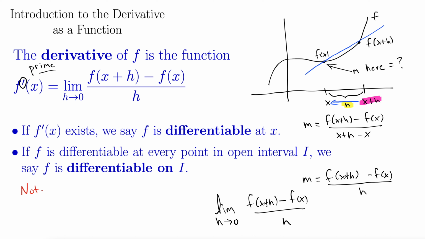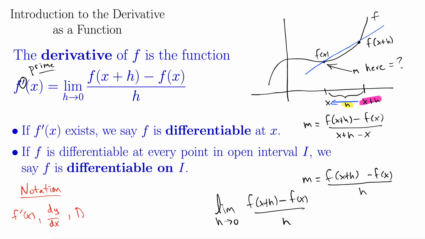Now there's lots of different notation for representing the derivative, so let's take a look at some of that. We already have seen f prime of x. Another common way of talking about derivatives is to say something like dy dx, the derivative of y with respect to x. That's pretty common.